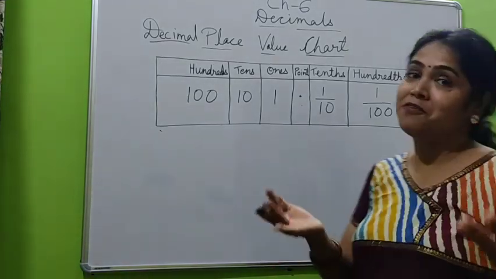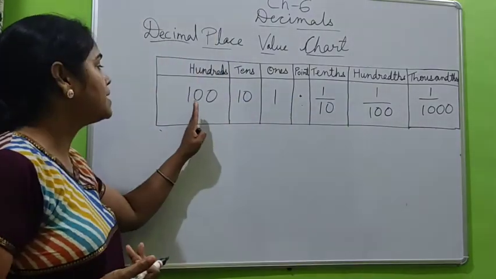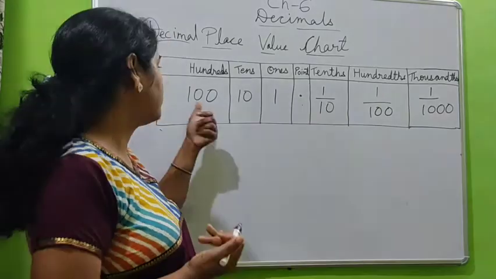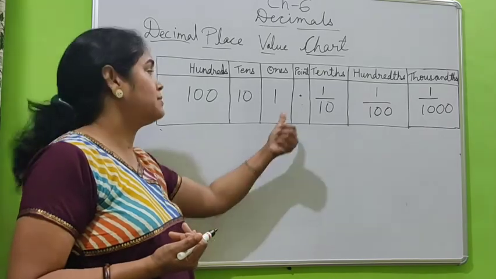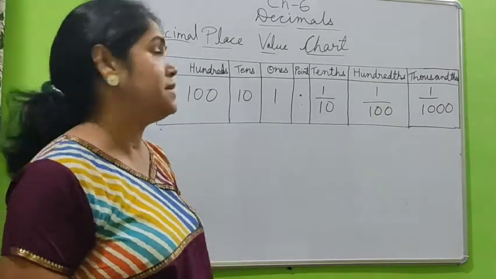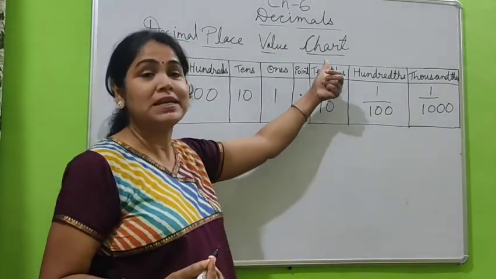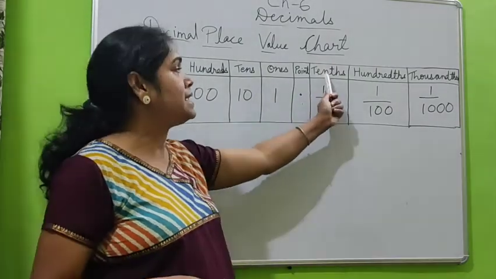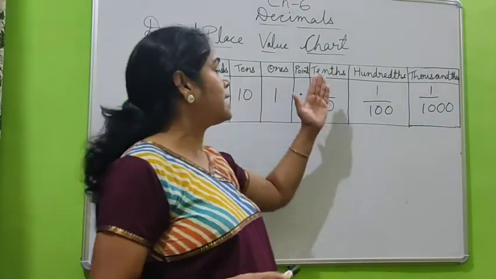But when we are moving towards the right, can we say that 100 is decreased by 10 times? Obviously yes. 100 divided by 10 is 10. 10 divided by 10 is 1. 1 divided by 10, then what will it be? It will be 1 by 10, and that period is called the tenths period, T-E-N-T-H-S.